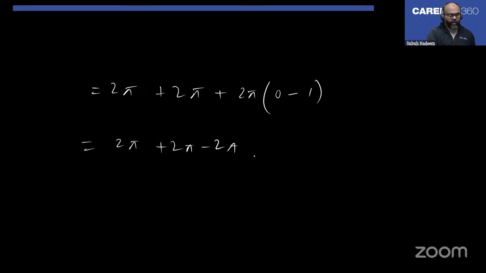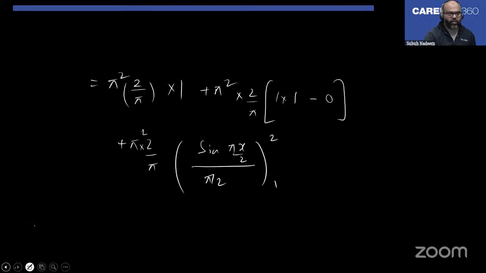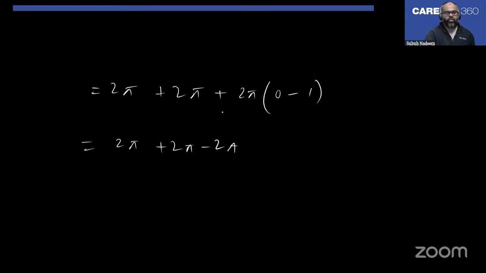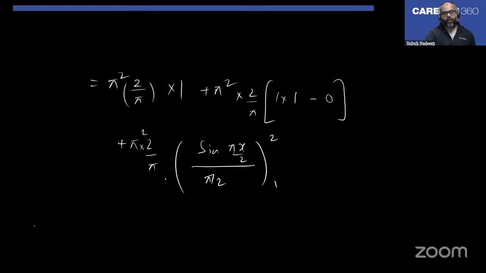So what will be the final answer? Yeah, here one more thing is there. This is π/2, right? So this π/2 also comes here as 2 by π, because this π/2 is also there, this π/2 also there.